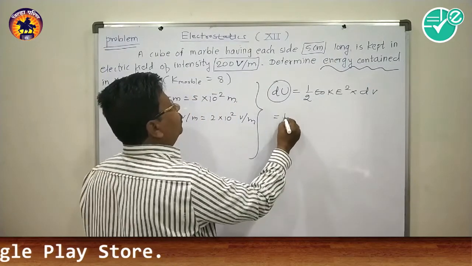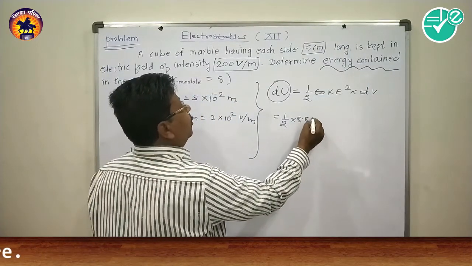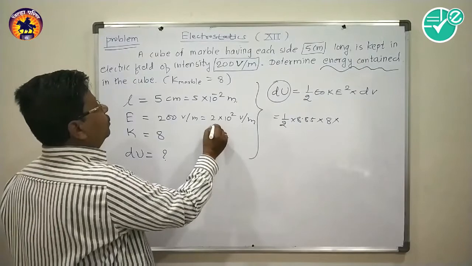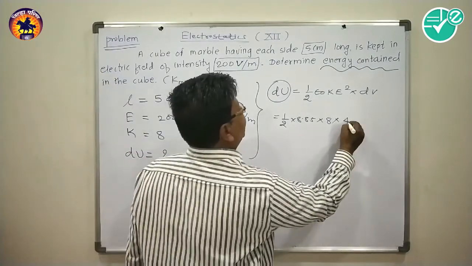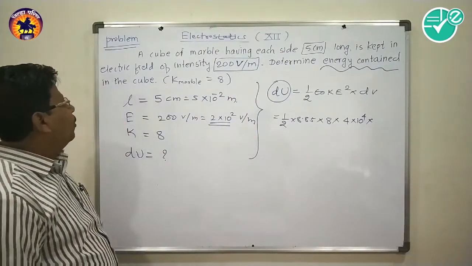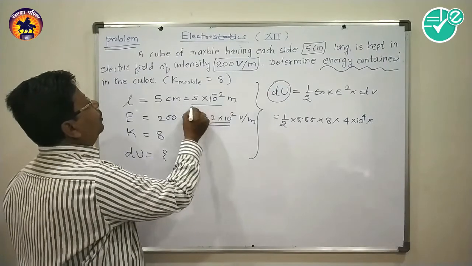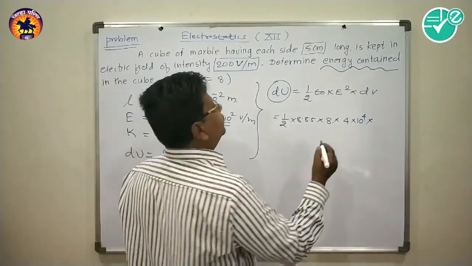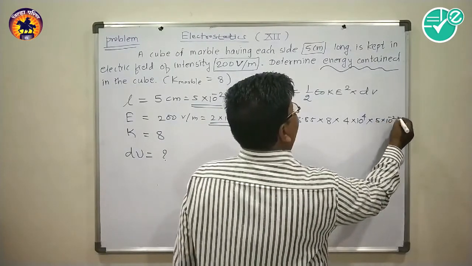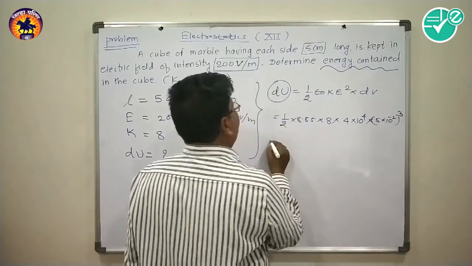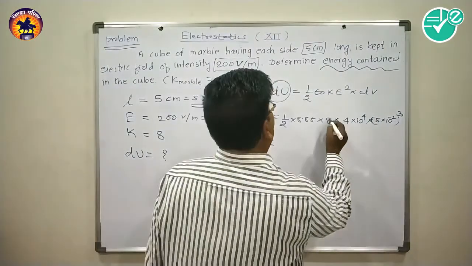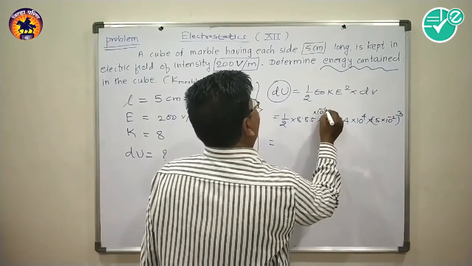Now if we substitute the values, 1 by 2 into 8.85 into 8 into E square, 2 into 10 to the power 2, that means 4 into 10 to the power 4, into dV, that means volume, the length is 5 into 10 to the power minus 2, its cube, which is equal to 5 into 10 to the power minus 2 its cube, into 8.85 into 10 to the power minus 12.